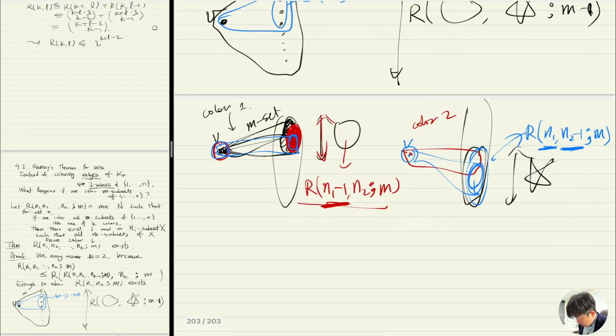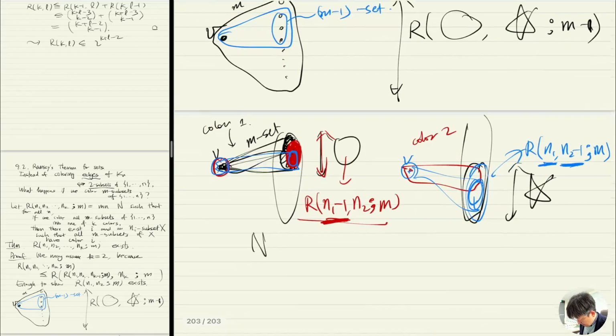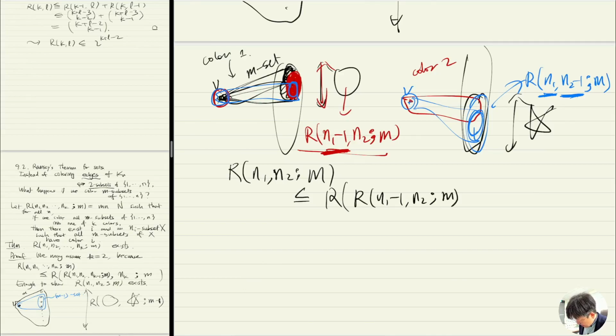So that means we may assume that this number is less than or equal to R(n1 minus 1, n2; m) plus R(n1, n2 minus 1; m) minus 1, right?